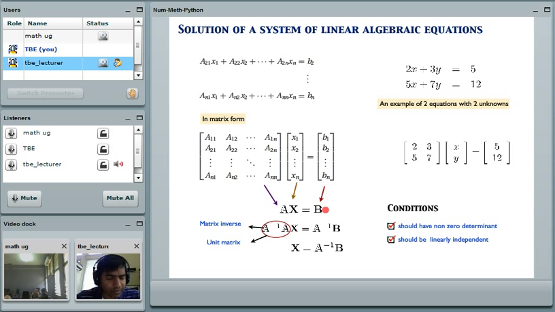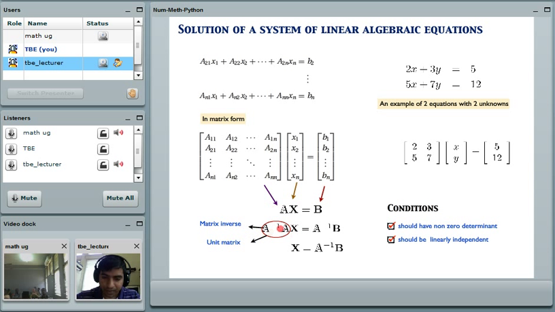Now the question is, how do we solve this problem? This problem can be solved very easily. We multiply the left side of both sides, Ax and b, by A inverse. A is the matrix, and I'm going to find what A inverse is. If I multiply the left side of both by A inverse, then A inverse A becomes a unit matrix.